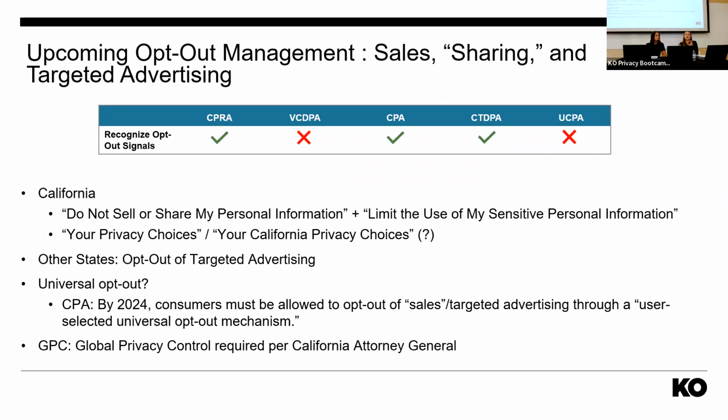So again, all of that is still forthcoming. We don't know what that's specifically going to look like. Right now, the key piece to remember is, if you're using a consent management platform to handle opt-out requests, make sure that it is accepting and receiving those universal opt-out signals like the global privacy control.